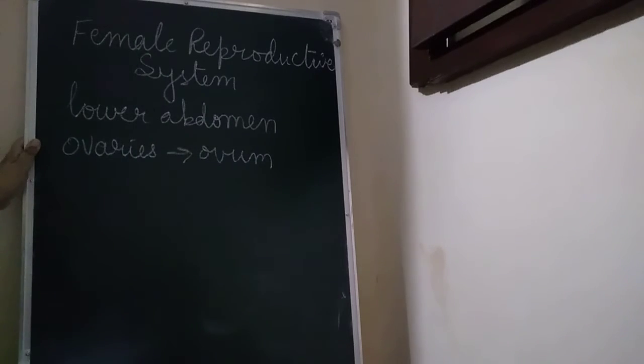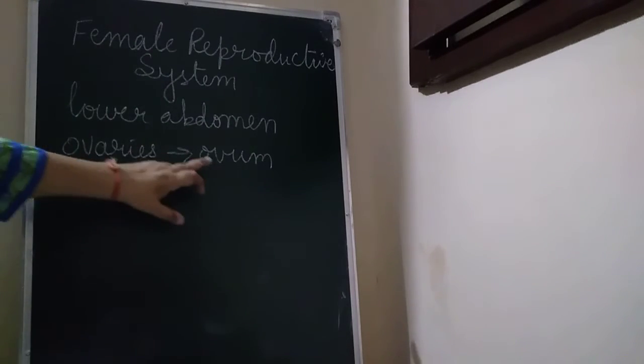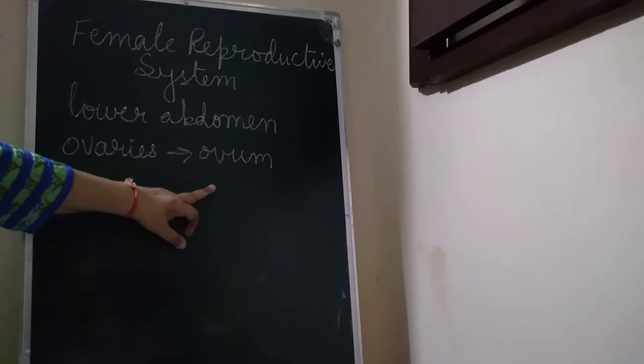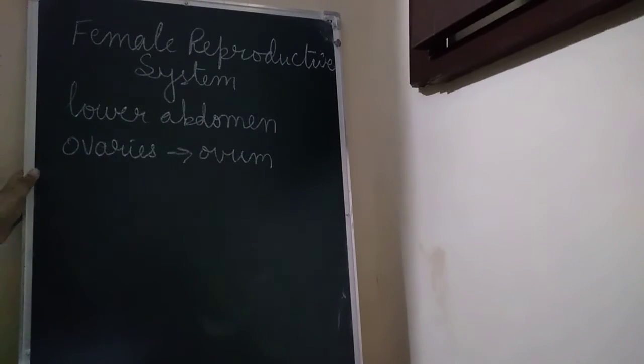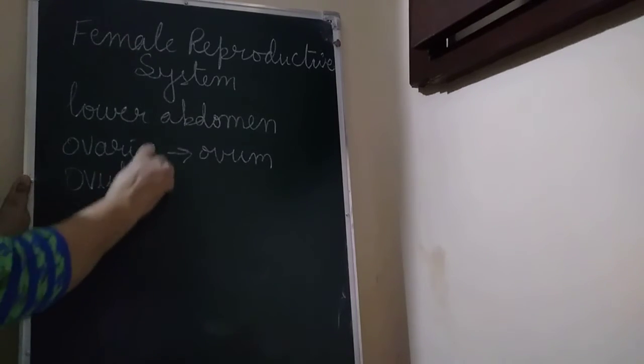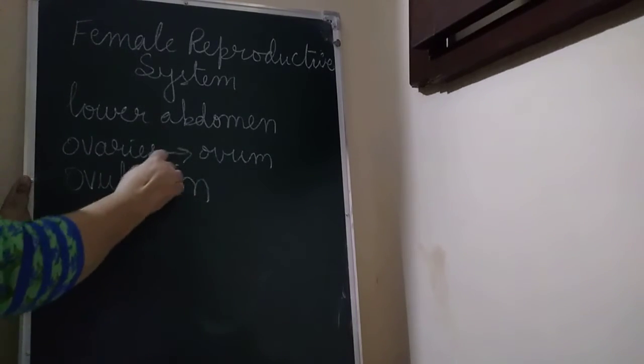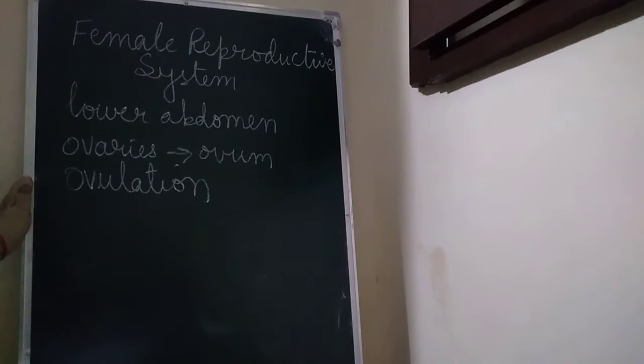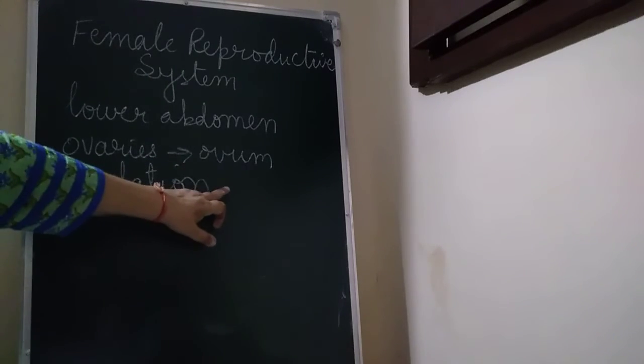Usually one ovum is released from one of the ovaries every month. The release of the ovum from the ovary is called ovulation. The ovum is a single cell.